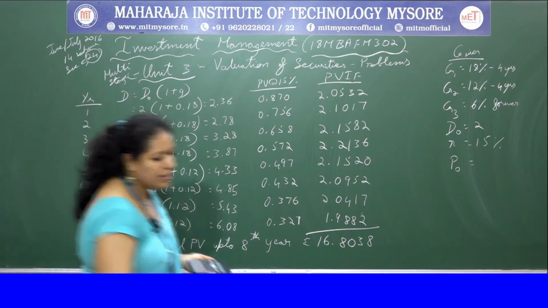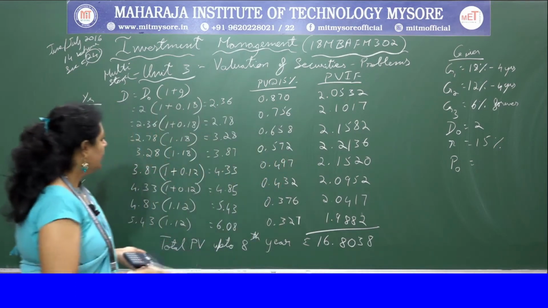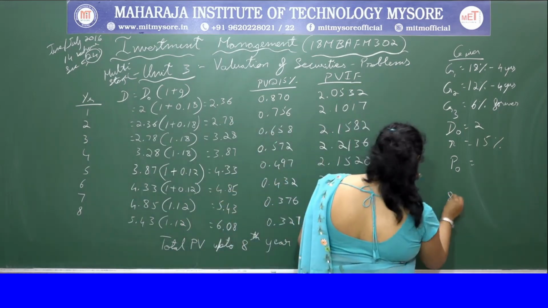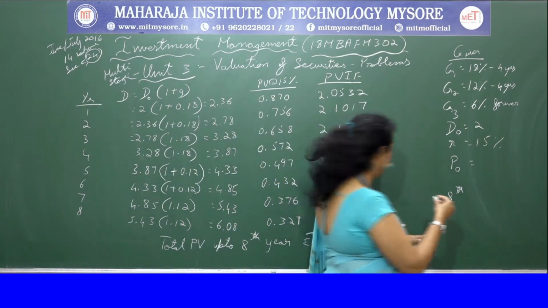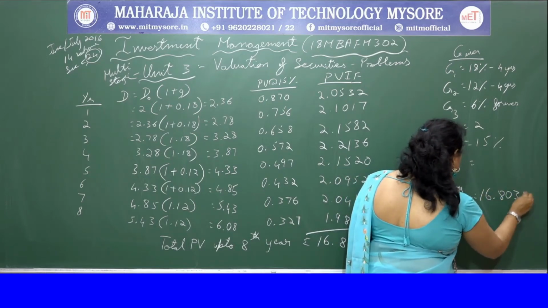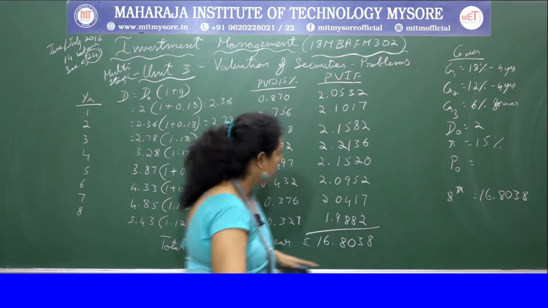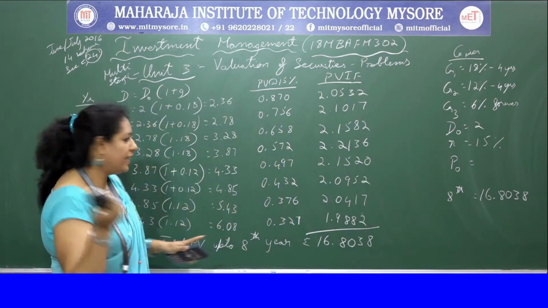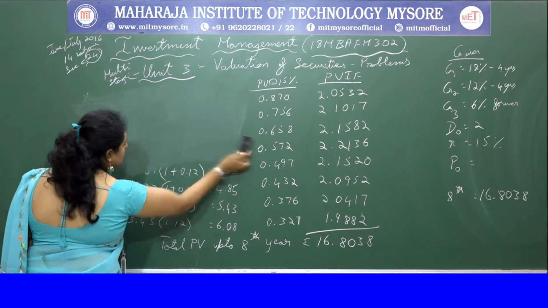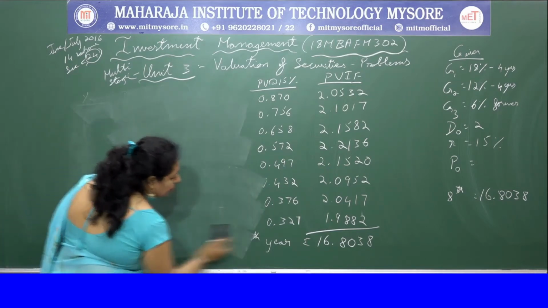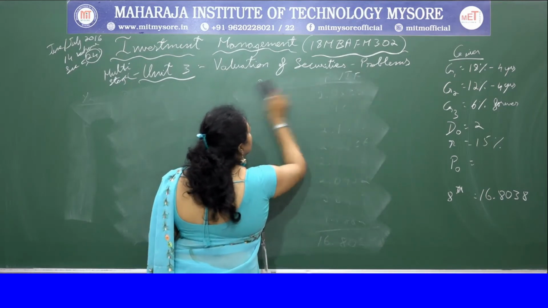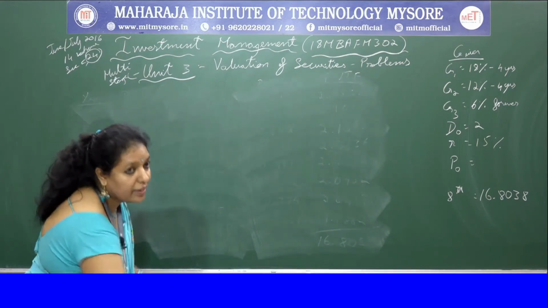Once we finish this, we have got, up to 8th year, the value 16.8038, because we need this value. Okay, so you have understood, I guess. I'll just erase the board for doing the further calculation.